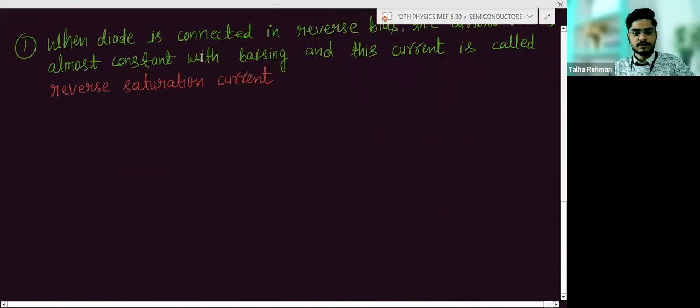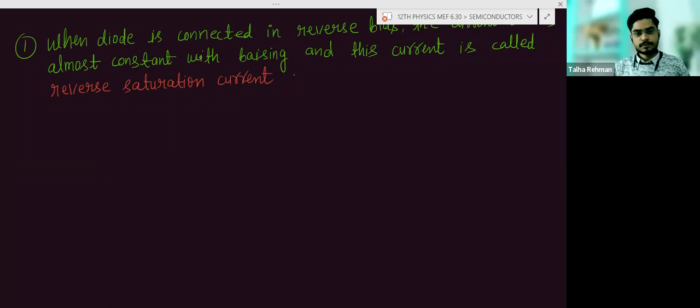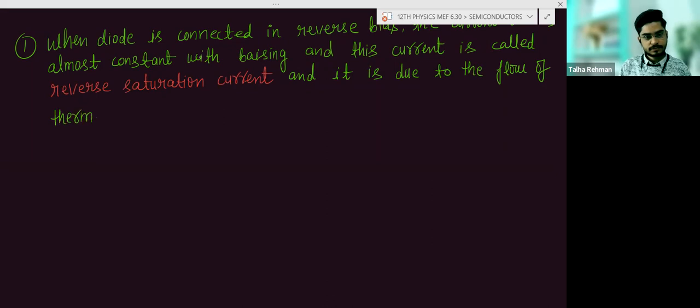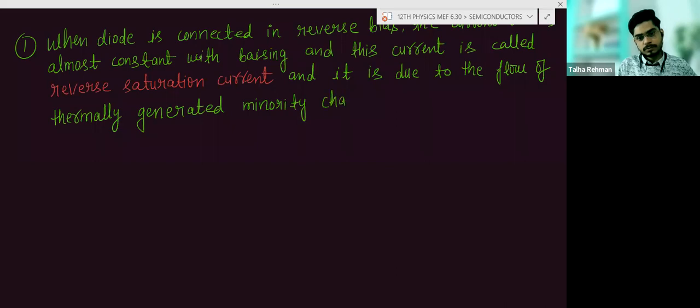This is the reverse saturation current, and it is due to the flow of thermally generated minority charge carriers.